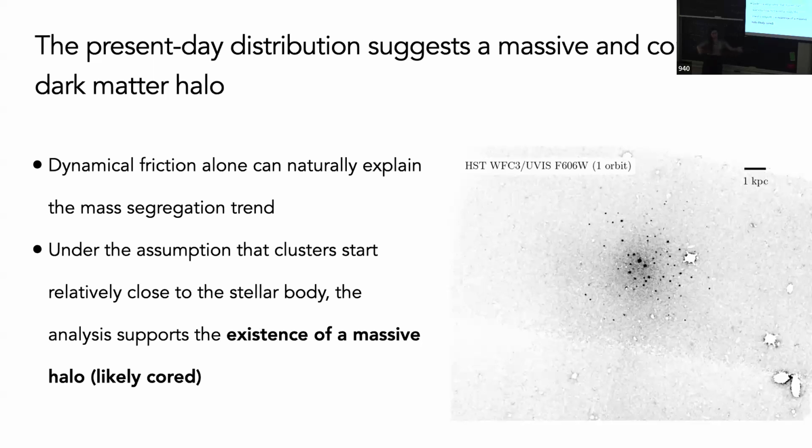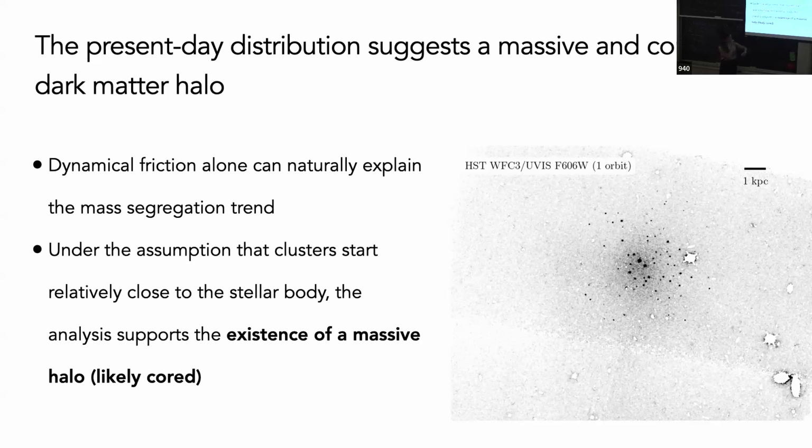We tried a variety of dark matter halos to see whether, one, we can reproduce this mass segregation if we start with a distribution of globular clusters that are not mass segregated, and can we say something about how much dark matter this galaxy has and about the shape.